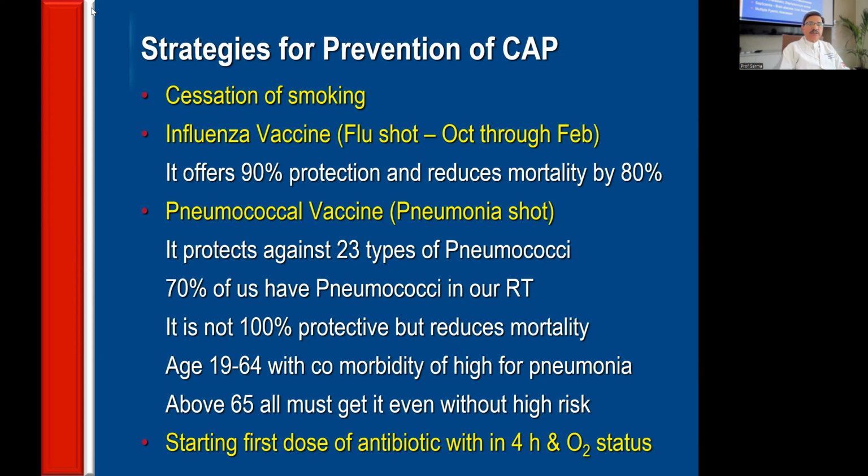70% of us have pneumococci in the respiratory tract. If you don't have any symptoms and I go and culture your throat, they report Strep pneumonia, Streptococcus pneumoniae. It is a commensal. When it gets into the lower respiratory tract under favorable conditions, it produces pneumonia.